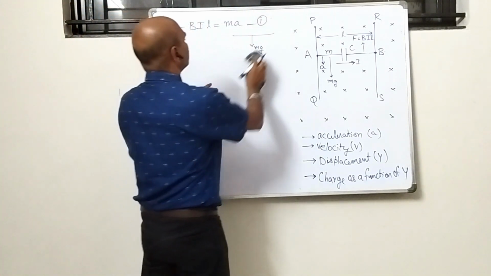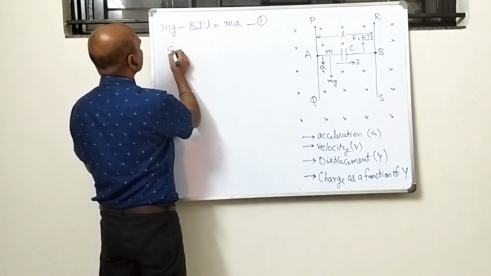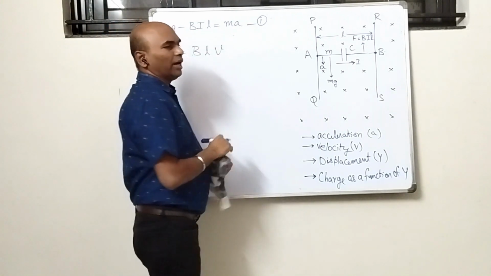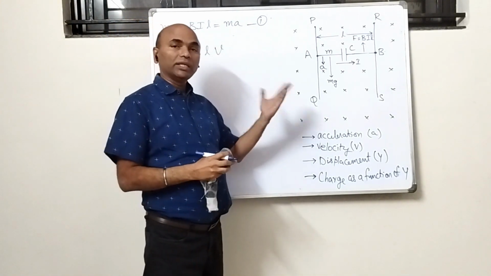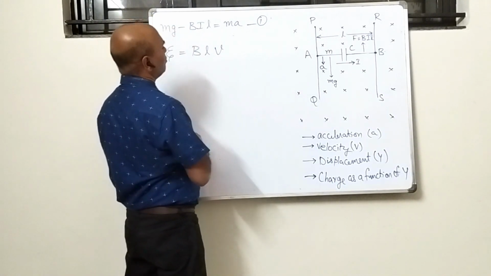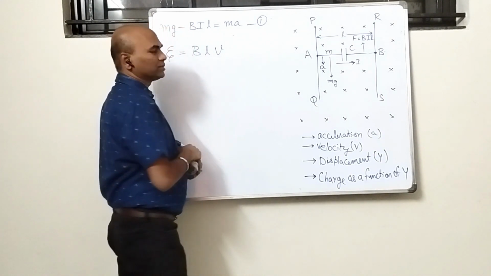Now coming to the induced EMF, as we know, it is BLV sine theta, here theta is 90, so BLV. B is the magnetic field, L is the length, V is the velocity.